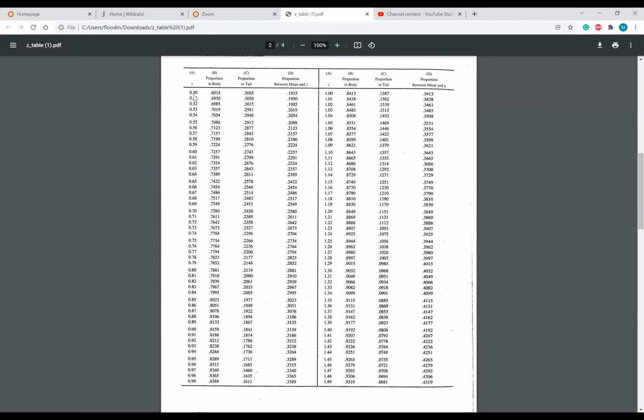A positive 0.5 z-score is right here, and we are looking for a tail. So we look for the corresponding proportion in column C, which has the listing of tails. That is 0.3085, or 30.85%.